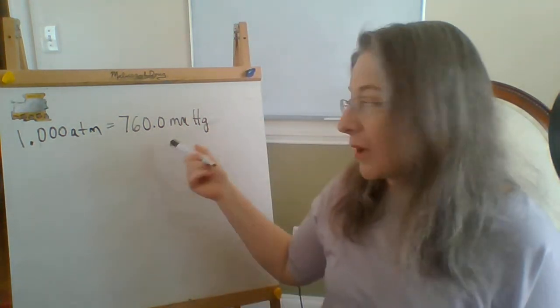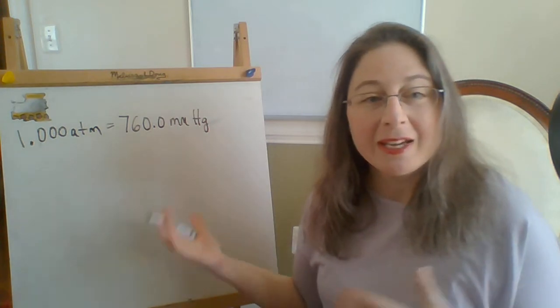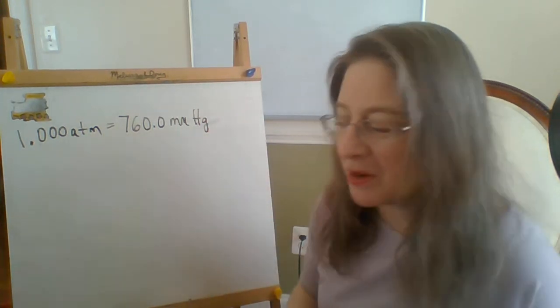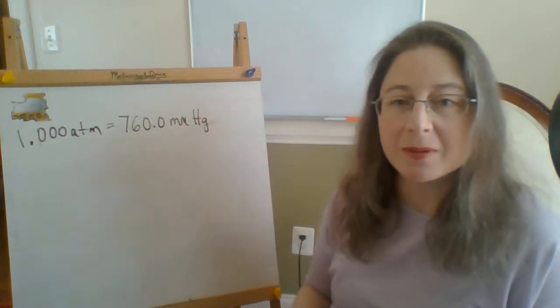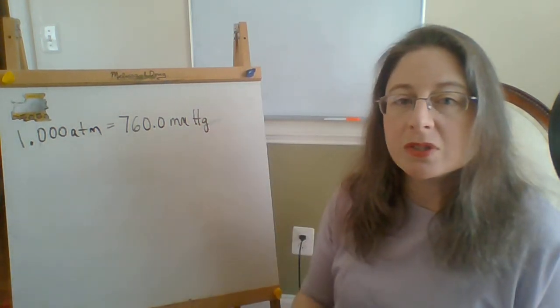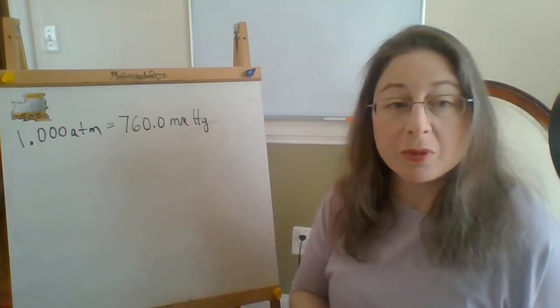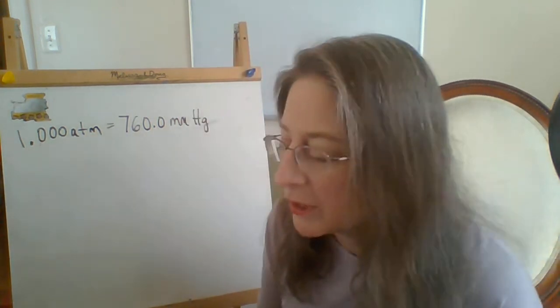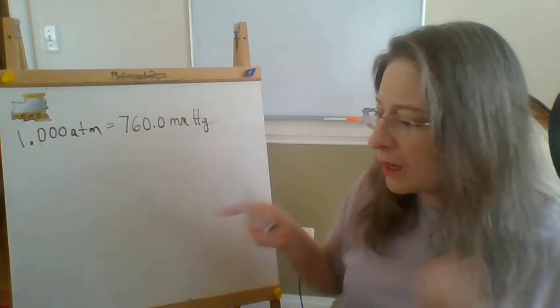If you used water in a barometer instead of mercury, it's like 30 feet. It's a very tall column of water, like a 3-story house kind of tall. So generally they use mercury just because it's easier to make a barometer that fits in a room out of mercury because it's very dense.